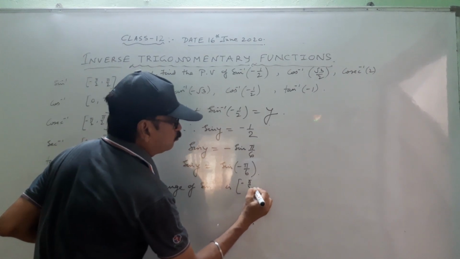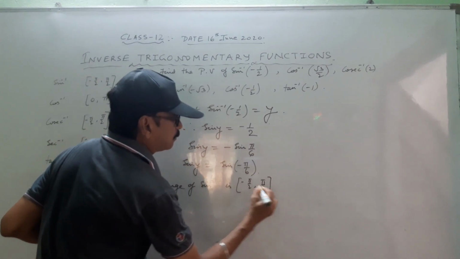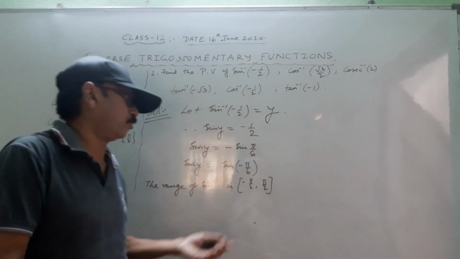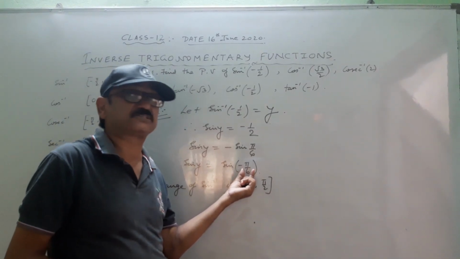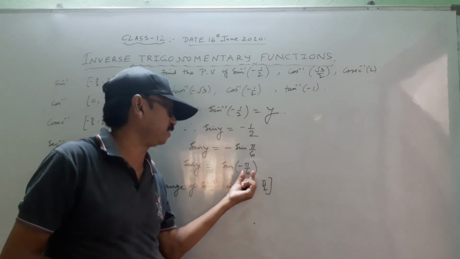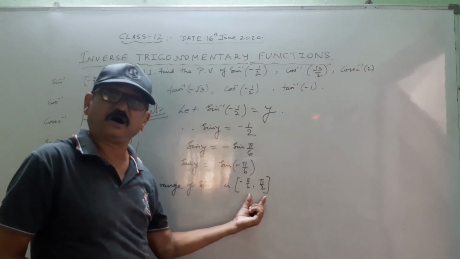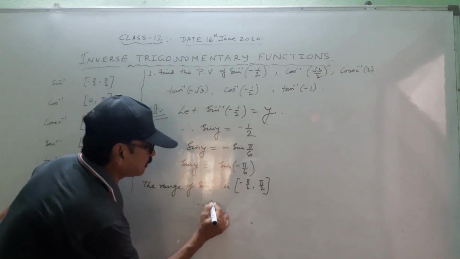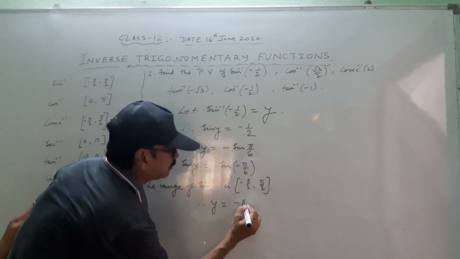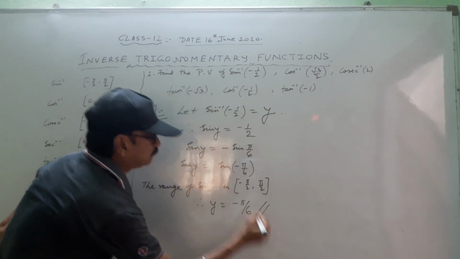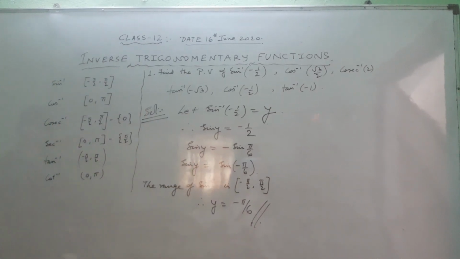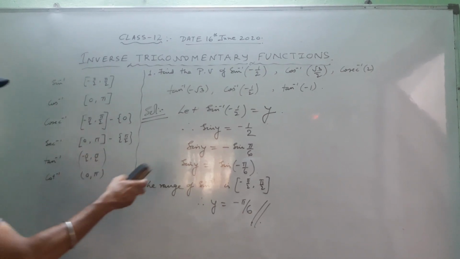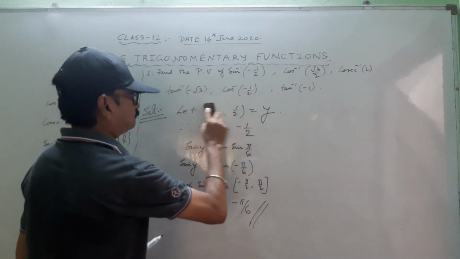This means from minus 90 degrees to positive 90 degrees, and here we have minus 30 degrees. So minus 30 degrees comes in this range, it is applicable. Therefore y is equal to minus pi by 6, that is our principal value. Understood all of you? Now let's move to the second question.